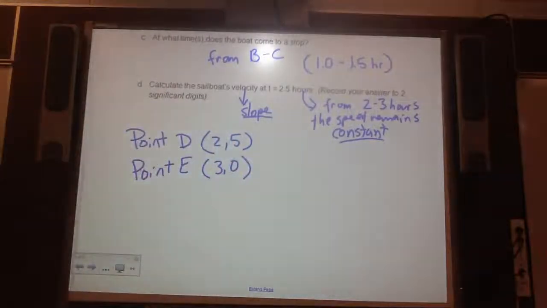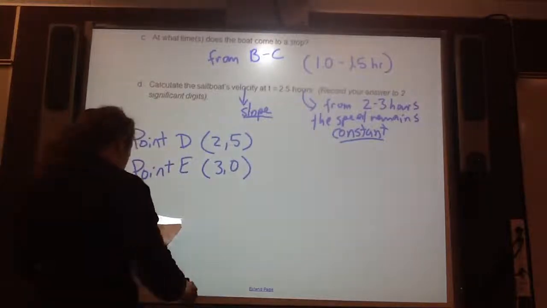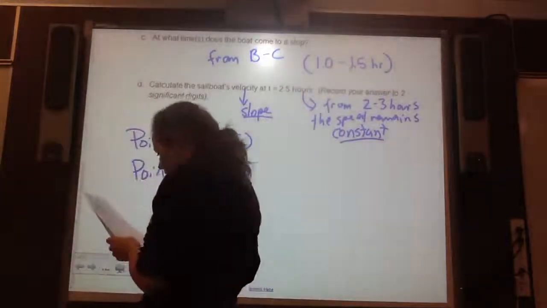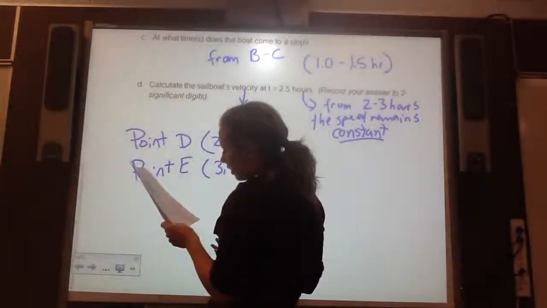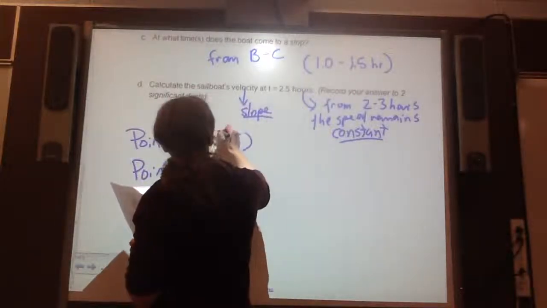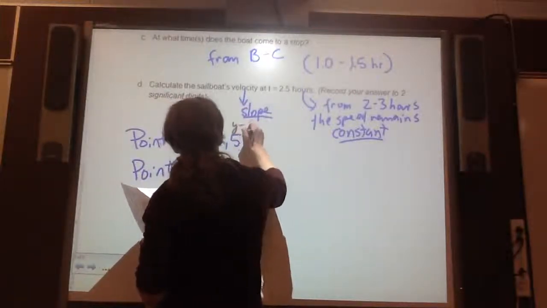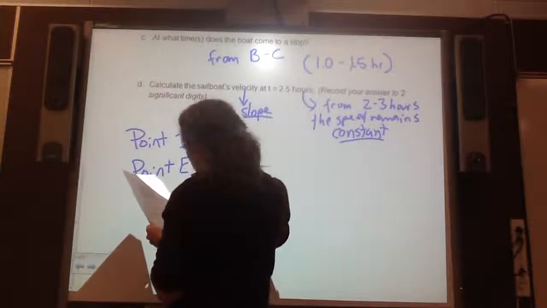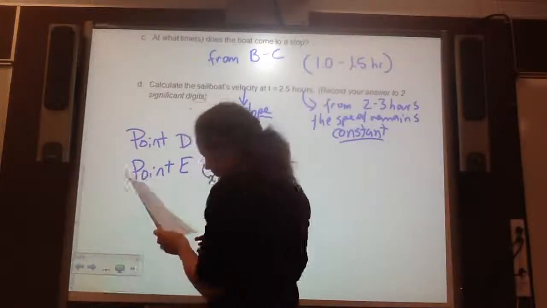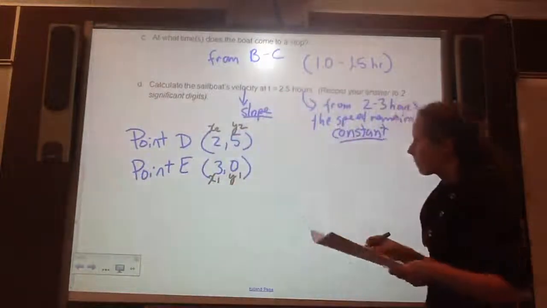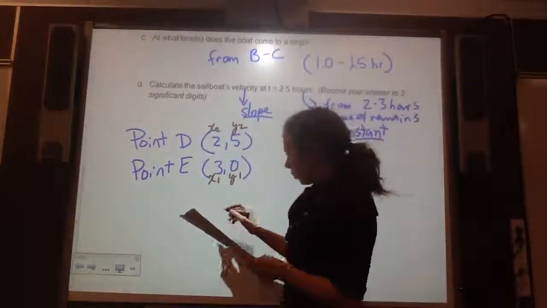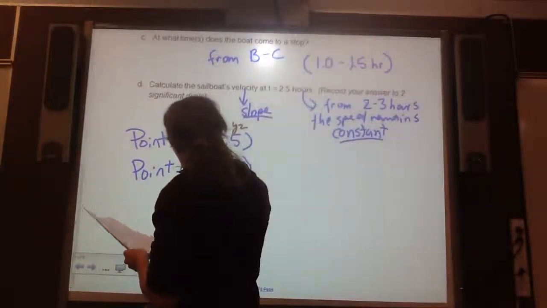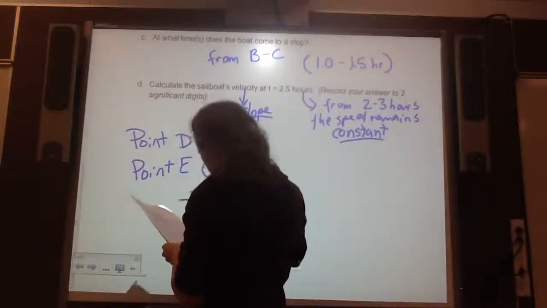So it's good just to write out your points. And then we'll put in our Y. So I like to not get super mixed up. So I'm going to say this is my X2. That's my Y2, this is my X1, this is my Y1. So, my velocity equals slope.